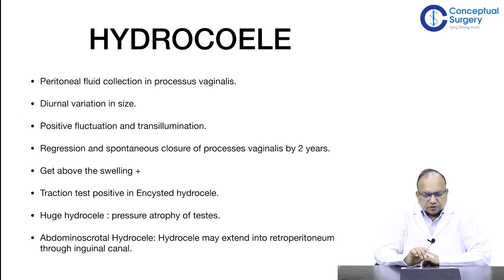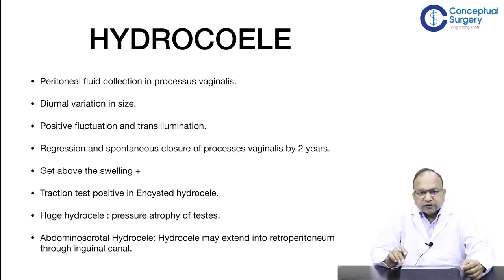So hydrocele, to summarize, is a peritoneal fluid collection in the processus vaginalis, and there is diurnal variation in size. Why? The opening of the processus vaginalis in the hydrocele case is small, and it allows only a little bit of fluid to trickle down.